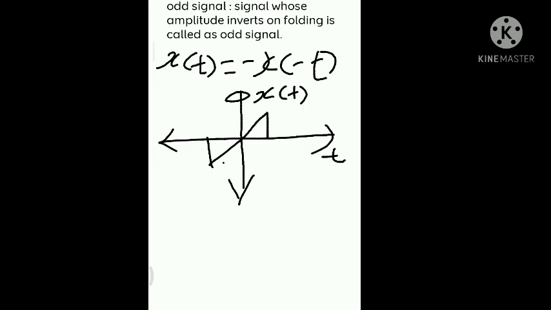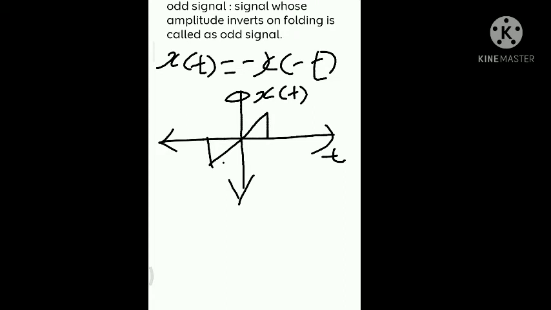Next, odd signal. An odd signal is one which does not remain identical on folding or on time reversal. That means the amplitude inverts on folding. So let us see how we can understand this with the help of a waveform.